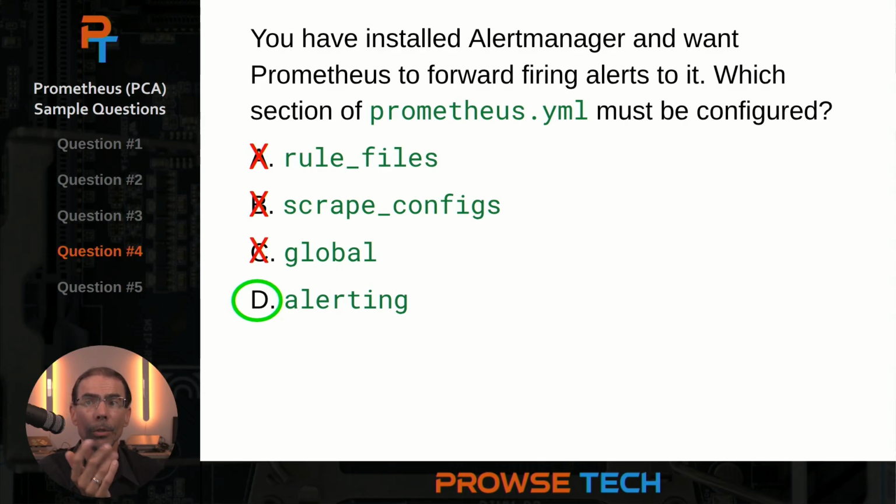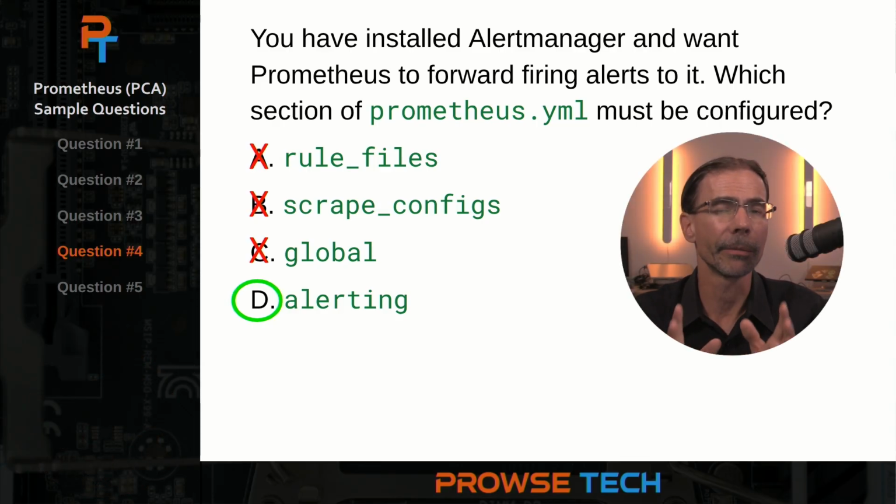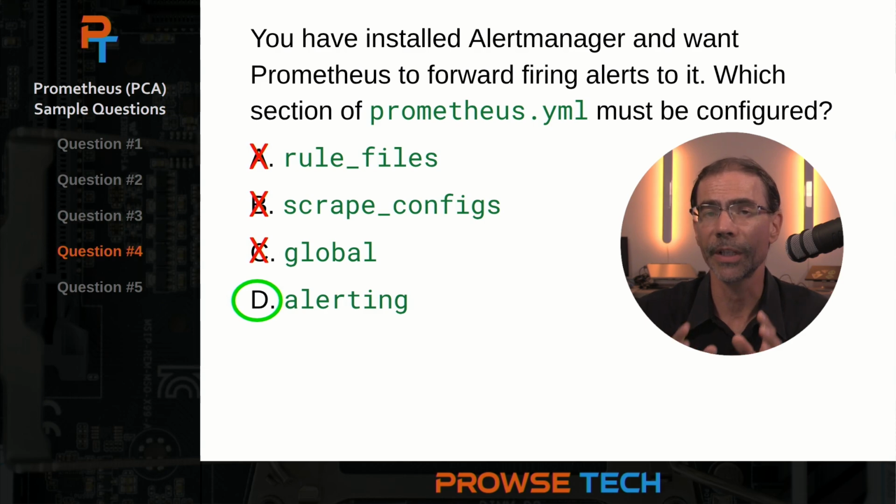And then global sets global defaults like the scrape interval and the evaluation interval. Generally, the Prometheus system will scrape every 15 seconds by default. You could increase or decrease that, but you want to be very careful when you do so. All right, so alerting is a big part of the Prometheus exam and a very important part of working with Prometheus in the field.